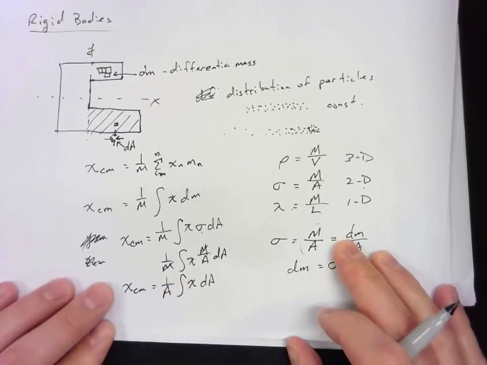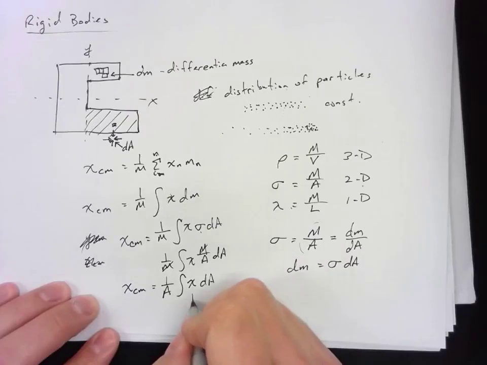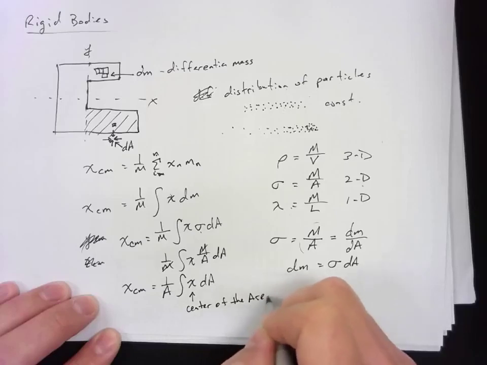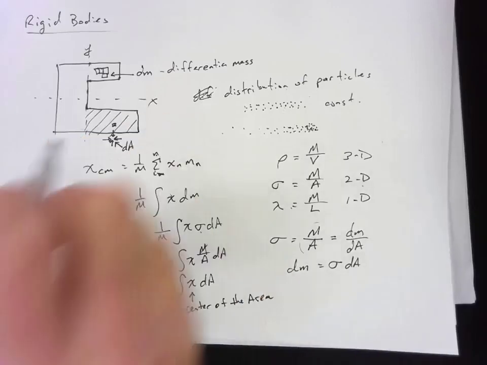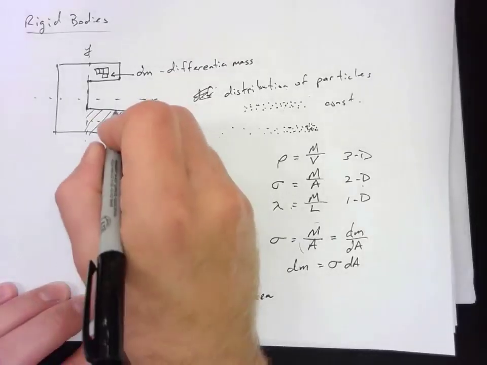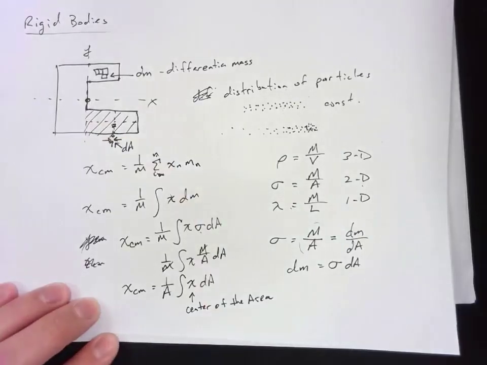Now, this x is going to be the location of the center of the area. So you would have to figure out the half dimensions of each of them and put that with respect to the origin.